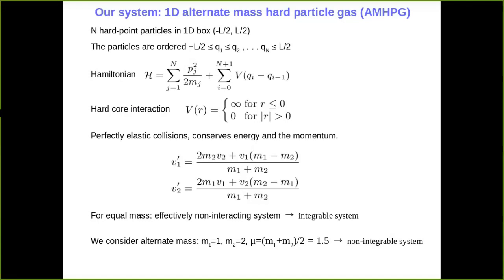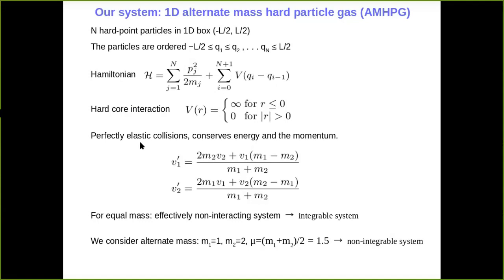The particles are ordered in this way, and as their interaction is hardcore in nature, the interaction potential is infinity when they try to cross each other, and otherwise it is zero. This is the interaction potential, and one can write down the Hamiltonian in this way.